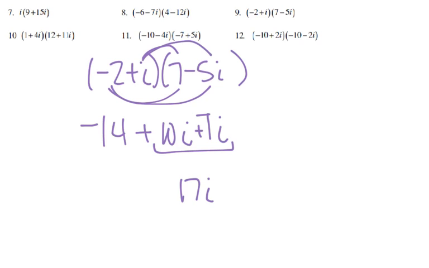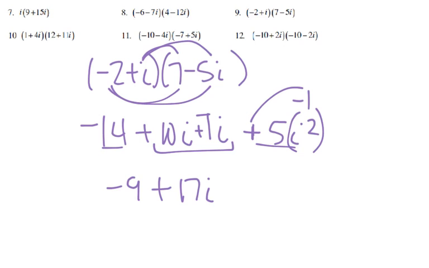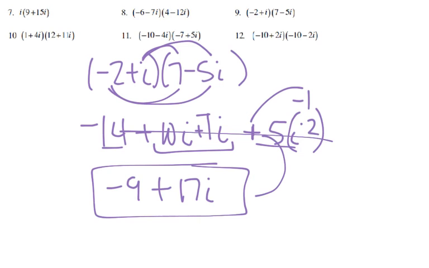Then I know that last term, even though it has i's in it, because it's squared, that's going to turn into negative 1, which turns us into positive 5. Negative 14 plus 5 is a negative 9. So negative 9 plus 7i. So we're still able to simplify it and get it down to just a binomial style.